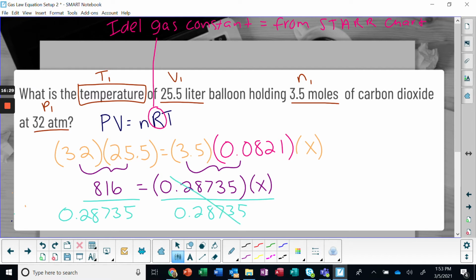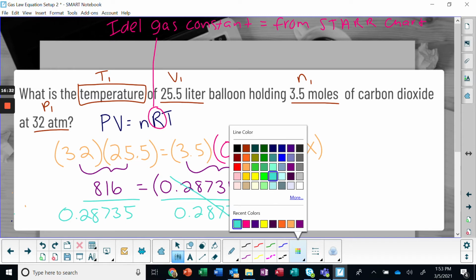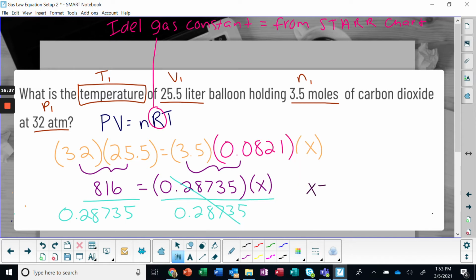These cancel out, leaving me with just X. So I get X equals 816 divided by 0.28735. And we get the answer, and that was temperature, so that is Kelvin.